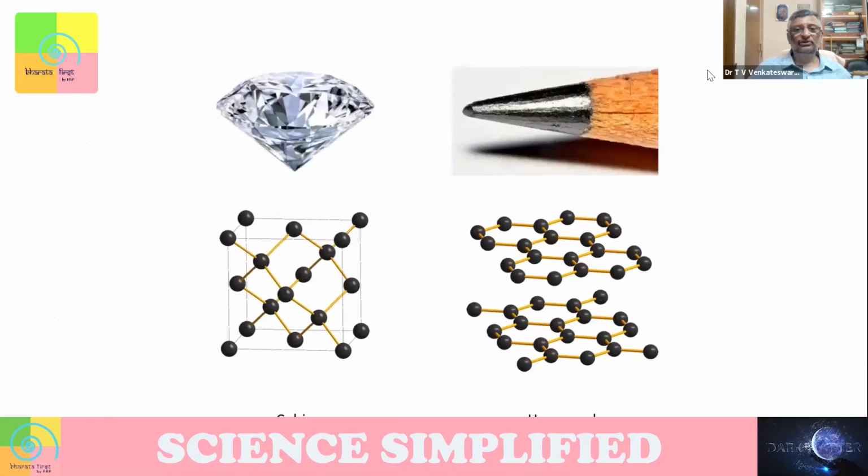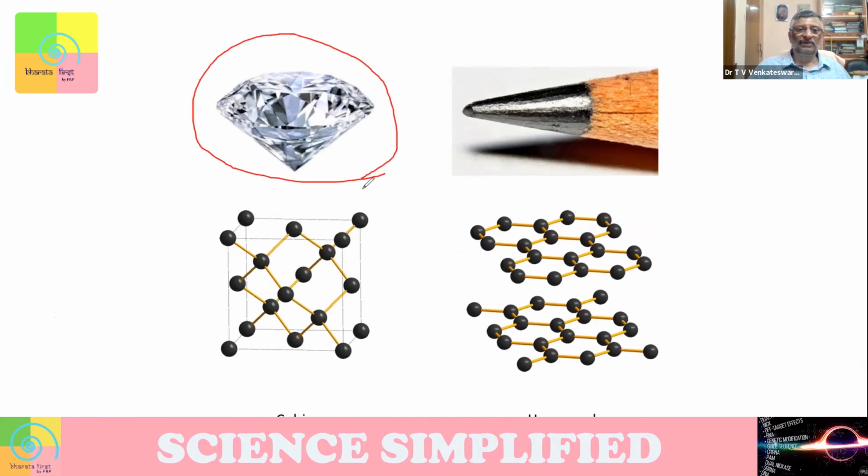Thanks. Important thing. It's one of the emerging new materials that people are hoping to use in a big way. If I look at carbon, there are two forms of carbon that we are all very much aware of. One is, of course, diamond. The other is graphite, right? Whenever you are using a pencil, you are using graphite.